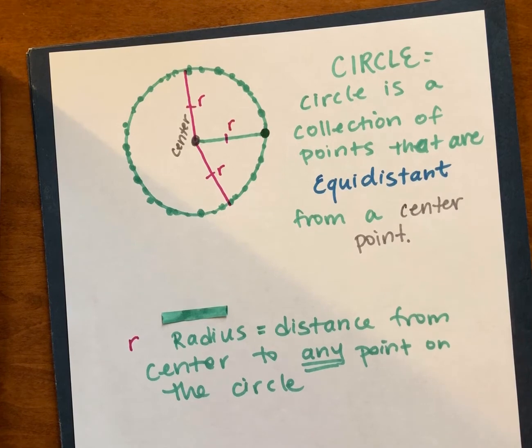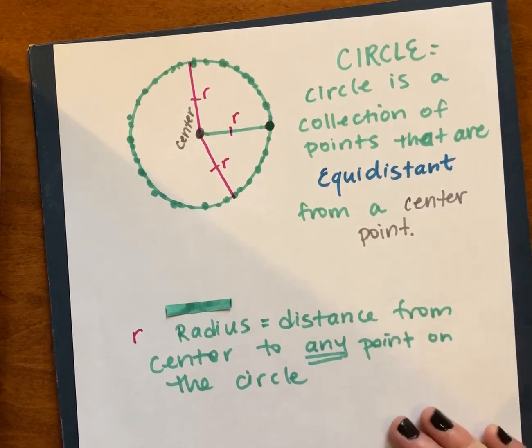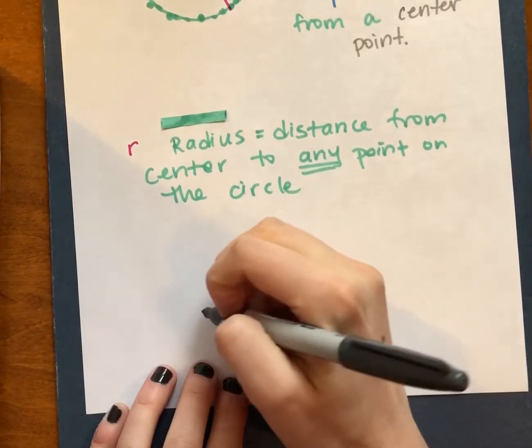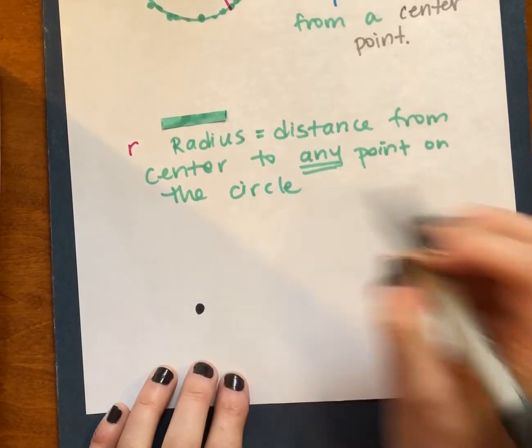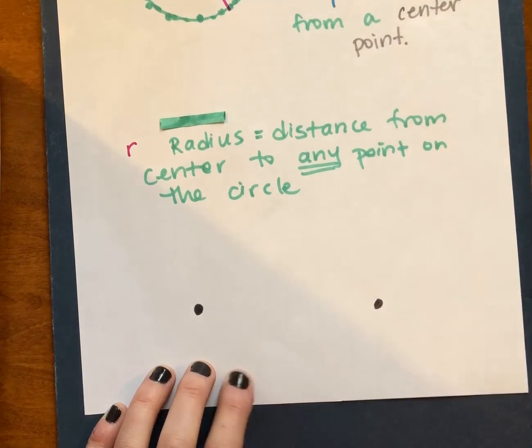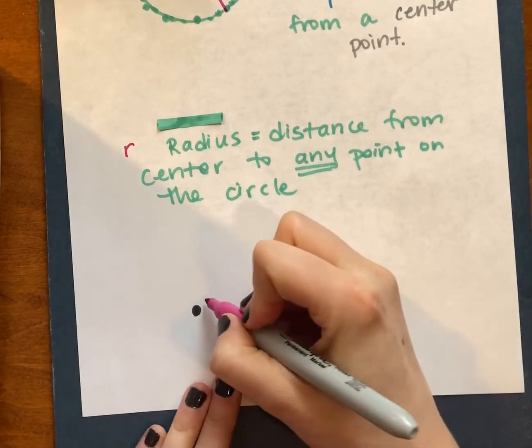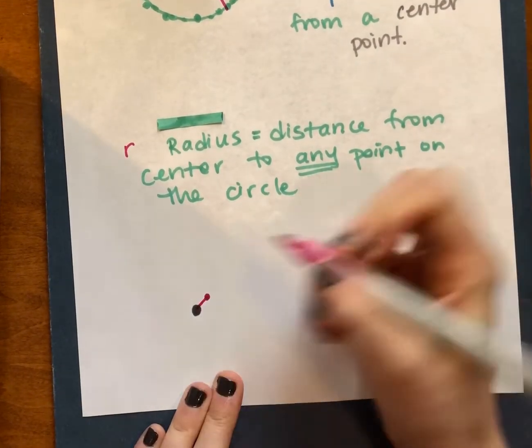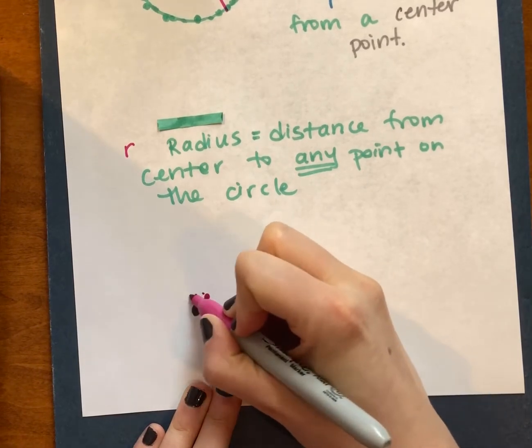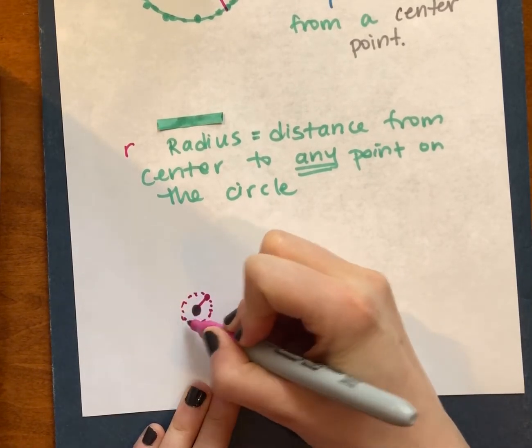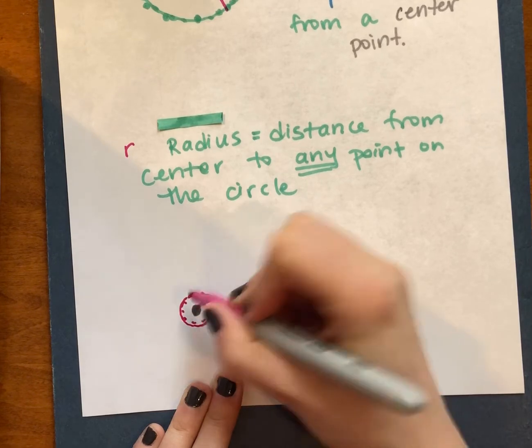If I started this experiment over, there's my center point, and I shrunk the radius, I made it shorter, the circle would be smaller. It would take up less space, it would have less space going around.